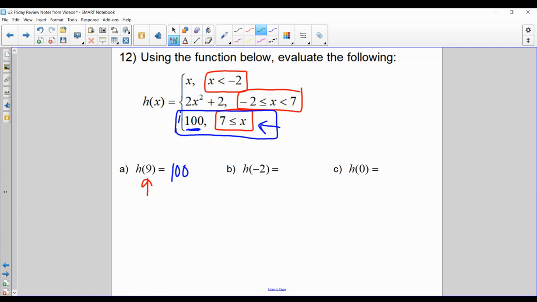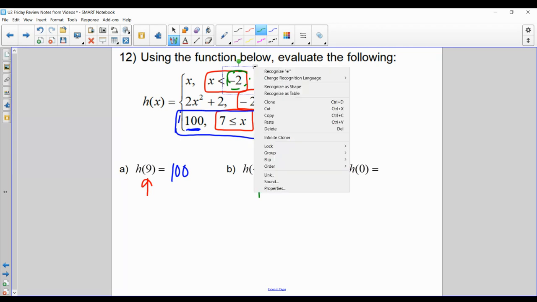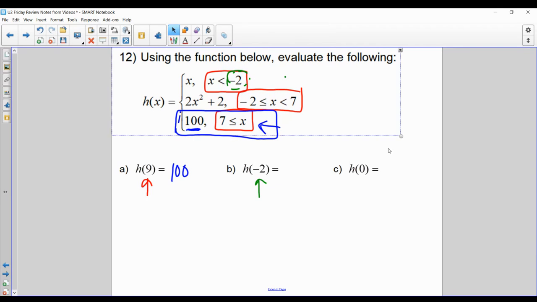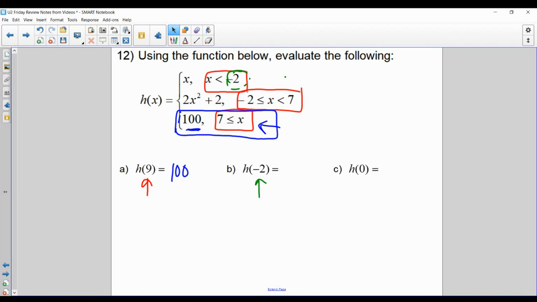If I take the second one, I'm looking for -2. So -2, you can see, shows up in both the top one and the middle one.